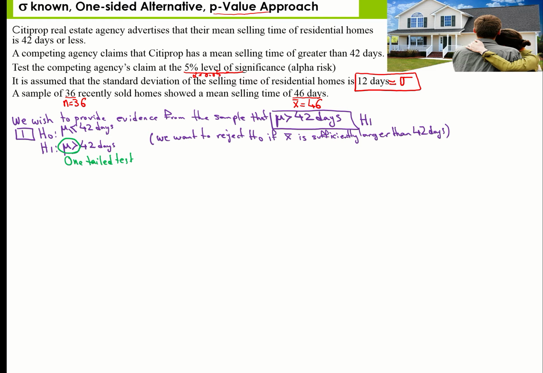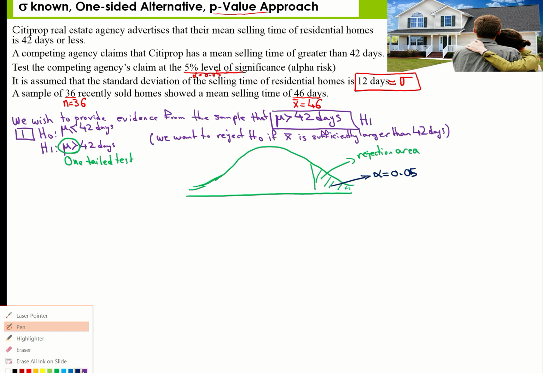For the alternative hypothesis, mu greater than 42, we see that the rejection area, the area where we can reject the null hypothesis, is the upper tail. This is the rejection area. And here alpha is 0.05. It is the area of this region.